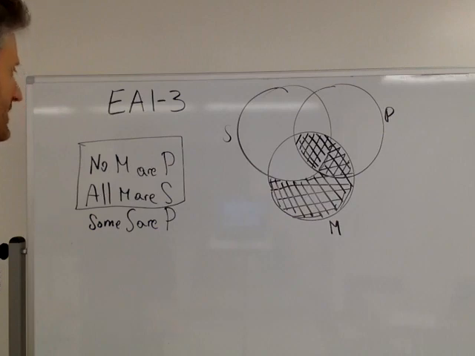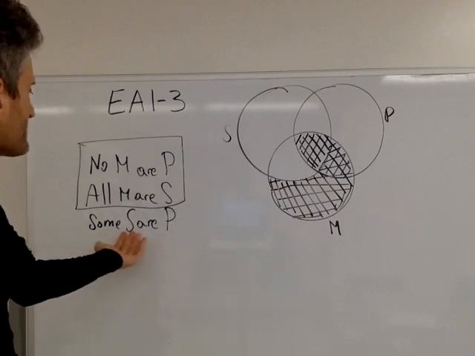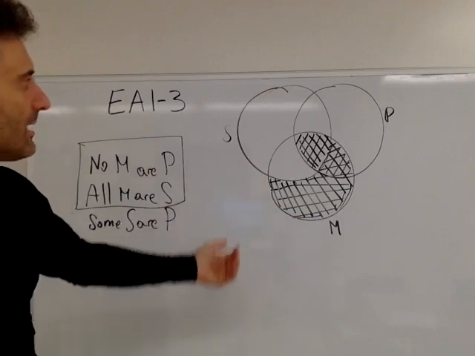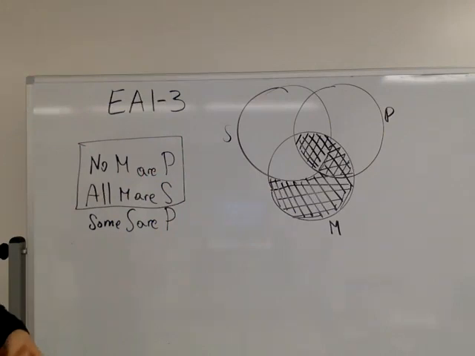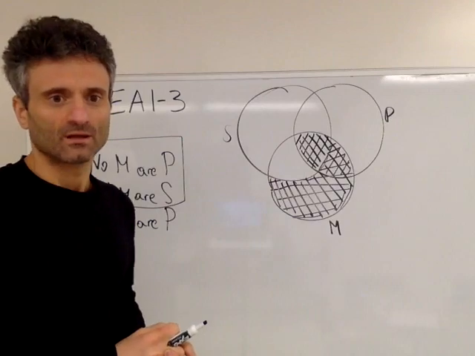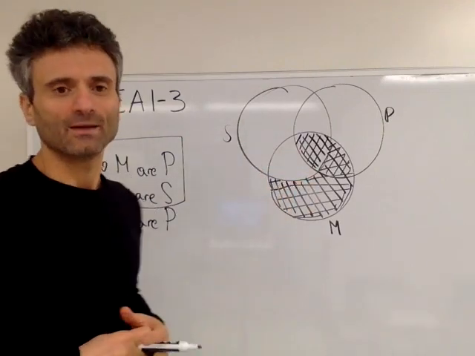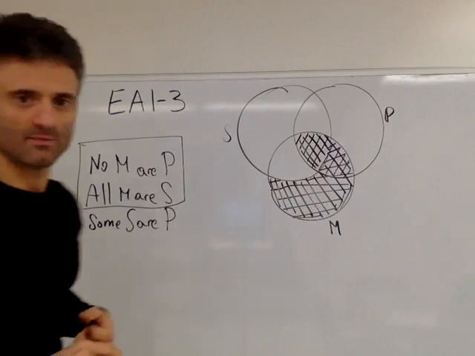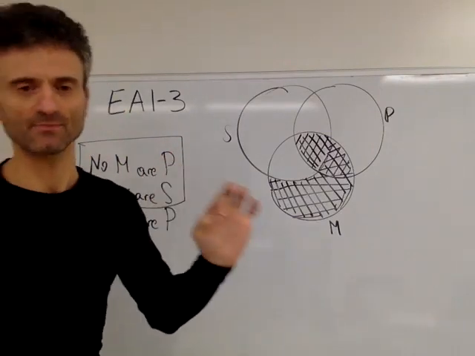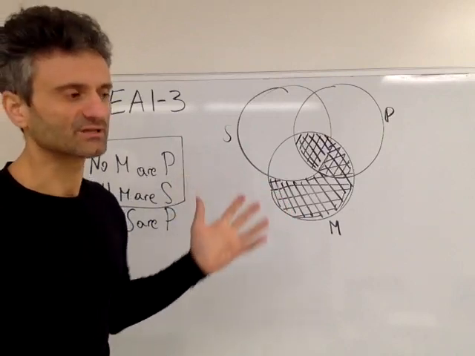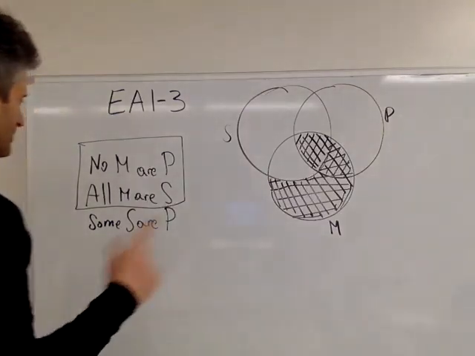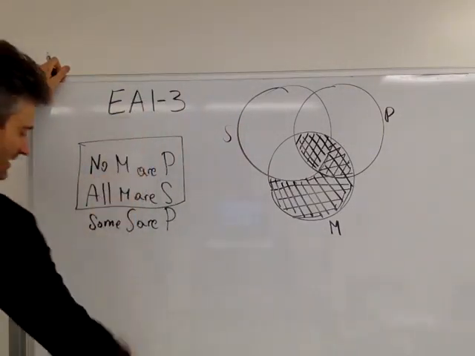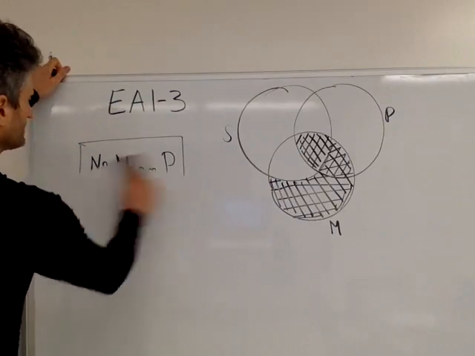It's invalid because to be valid, you should see the conclusion as some S are P. So between S and P, you would have to have an X, and there's no X. Can you put an X there? No. Why? Because the premises, remember, we are diagramming precisely what the premises say. And the premises do not require an X. So we don't put an X. So this is just an invalid argument. Done. That's it.